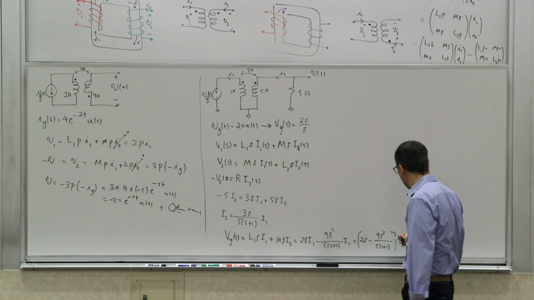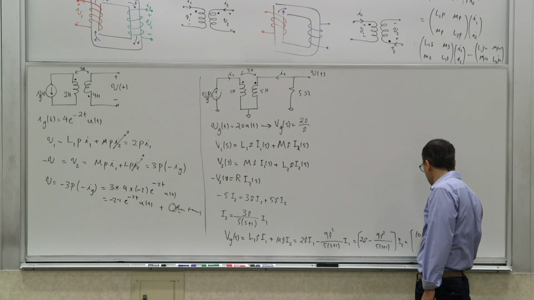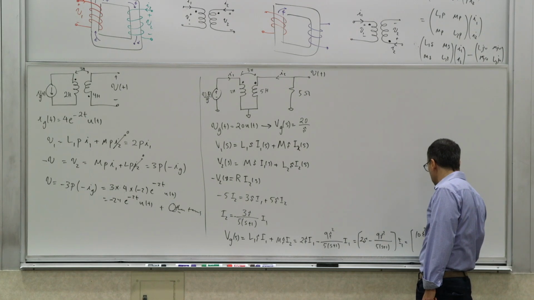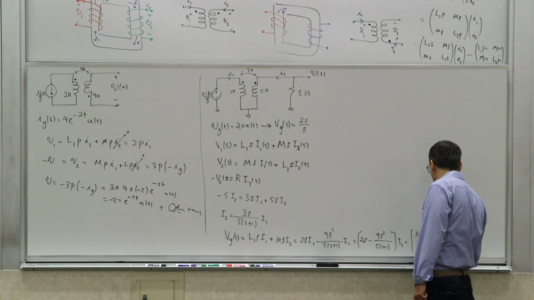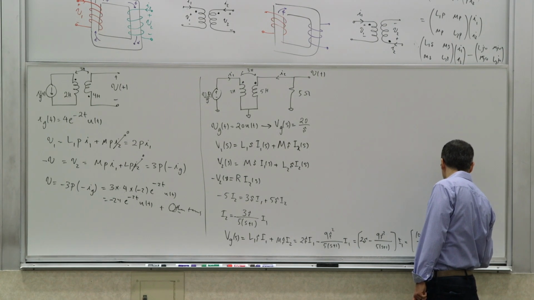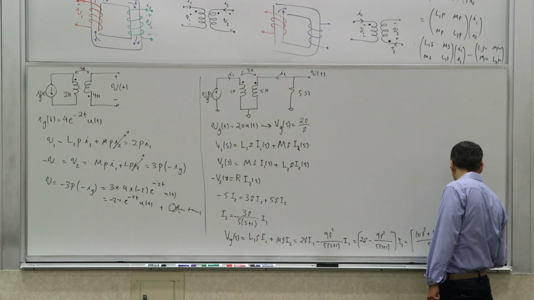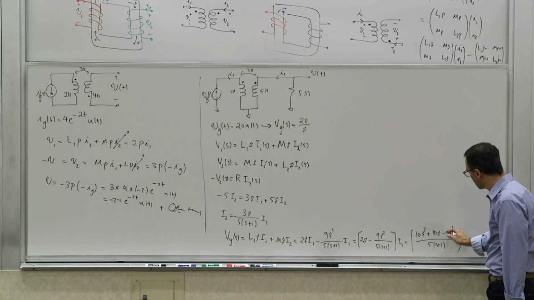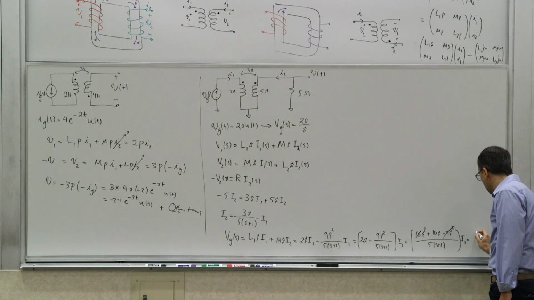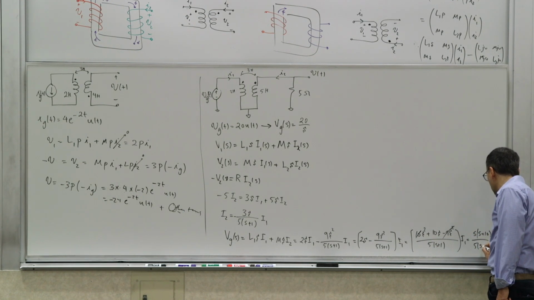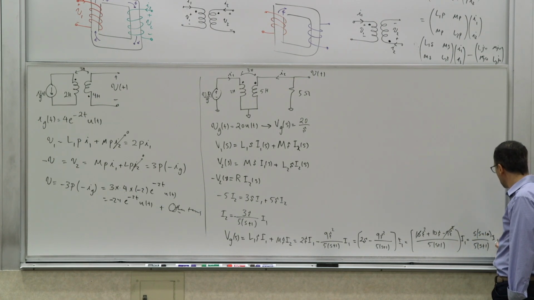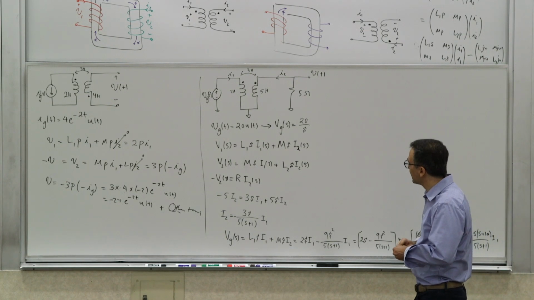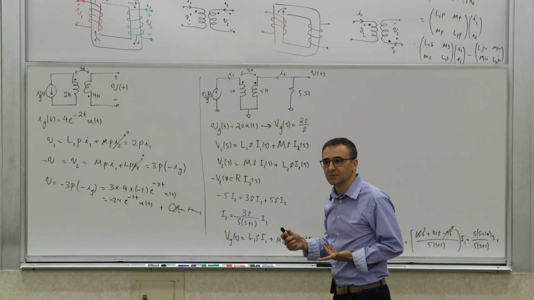And we can simplify this. This is algebra, right? So this becomes 10S squared plus 10S minus 9S squared divided by 5S plus 1, times I1. So the 9 and 10 cancel, and you get S times S plus 10 divided by 5S plus 1 times I1. So this is a relationship that defines I1 in terms of Vg, because Vg we know what it is.